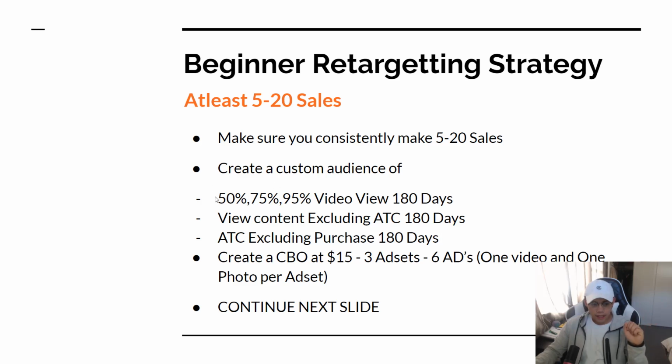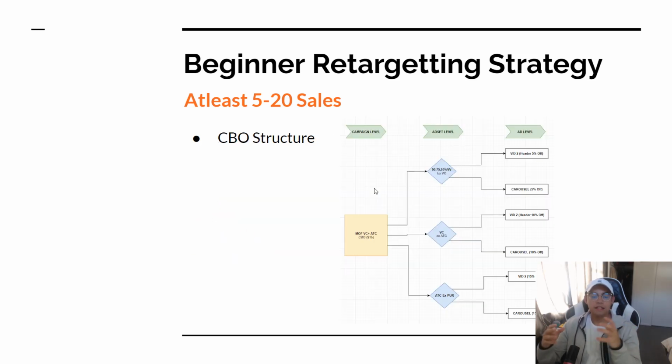So you want to create an ad set for these 3, and then exclude this. Basically what we're saying here is we just want to target people who watched our video but didn't click into our website.